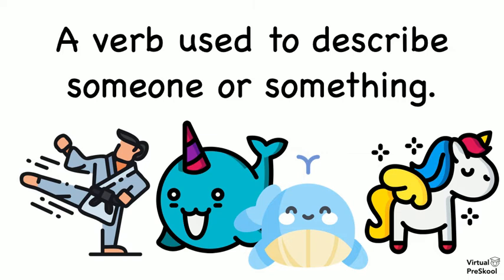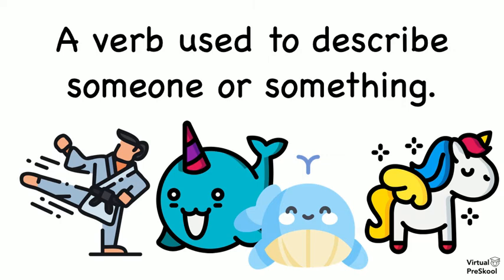For example, he is good at karate. Is is the verb. That's a state of being verb, and it's describing this guy who's good at karate. They are happy whales. So the state of being verb is are, and it's describing them as happy.